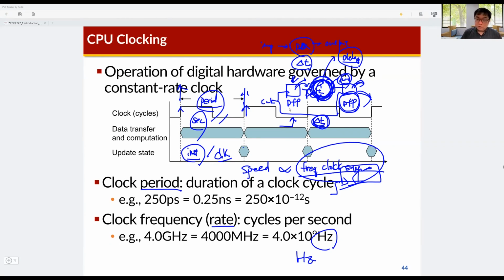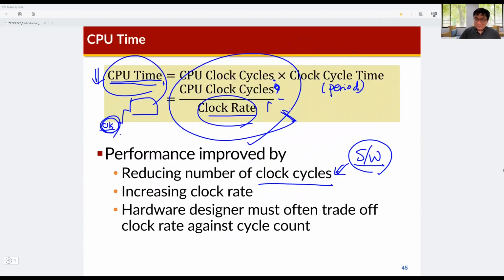So we learned about the basics of digital system design here. In order to increase the clock rate, that is the hardware part, because it is related to the implementation of digital systems.